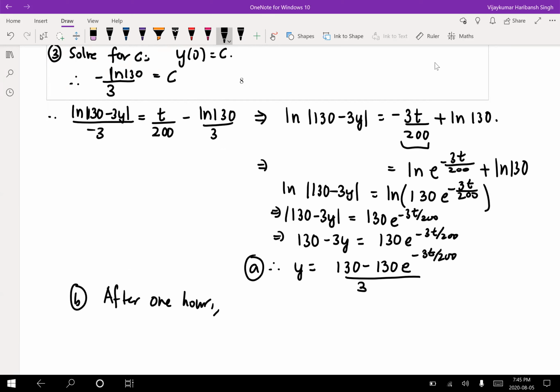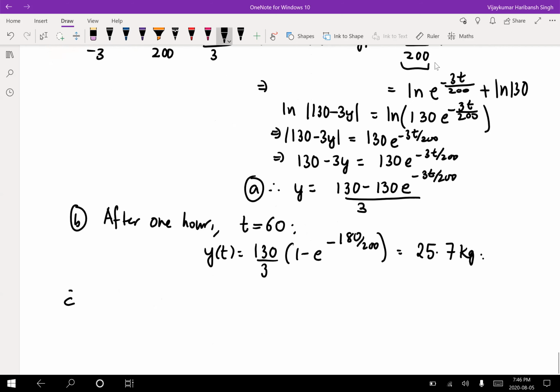Since everything is measured in minutes, we have t equals 60 and y of t equals 130 by 3 times 1 minus e to the power minus 180 divided by 200. If we use a calculator, you'll see that this is roughly 25.7 kilograms.